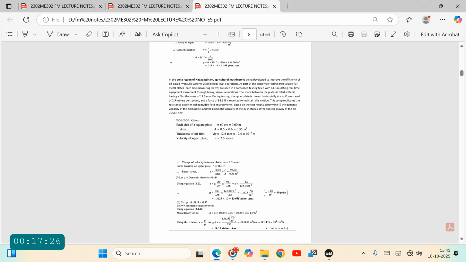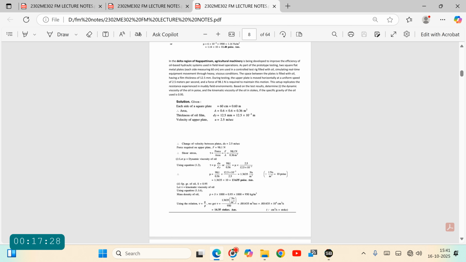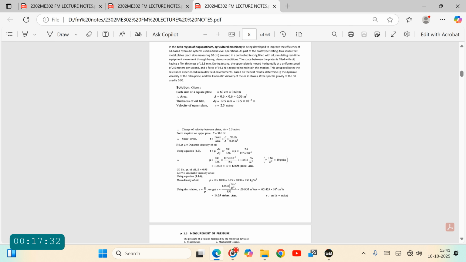This is an application oriented problem in the delta region of Nagapattinam. We belong to the delta region of Nagapattinam. Agricultural machinery is being developed to improve the efficiency of oil-based hydraulic systems used in field level operations.